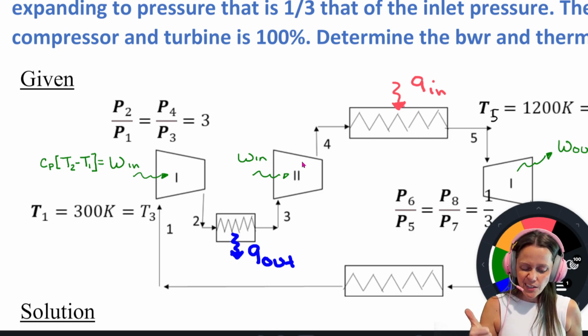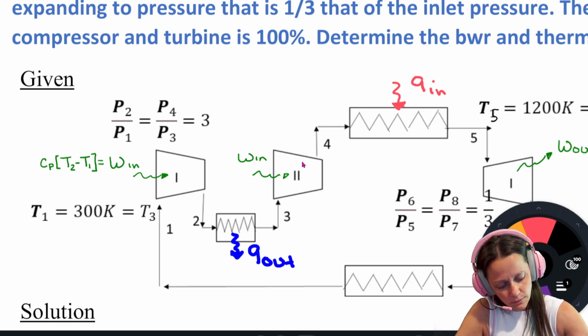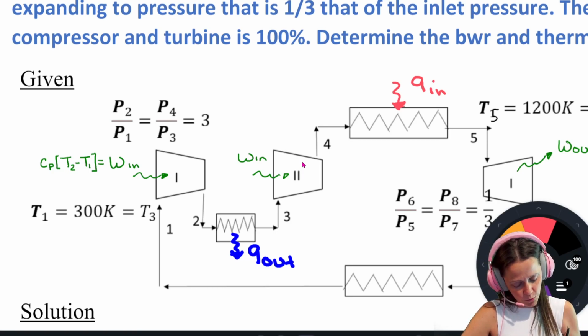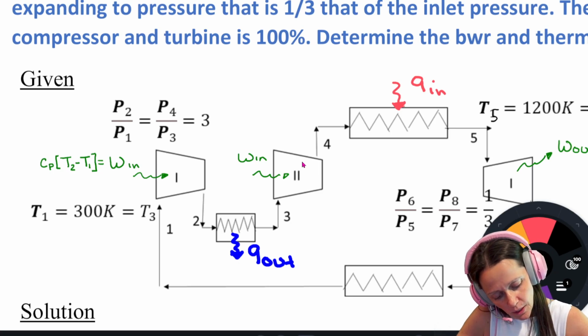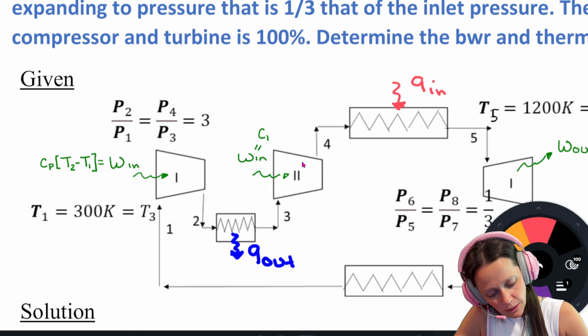It's going to be in terms of delta H's, which you can approximate as CP delta T's, and you know which one of those temperatures is bigger. All right, this one is between 3 and 4. This becomes CP times T4 minus T3.